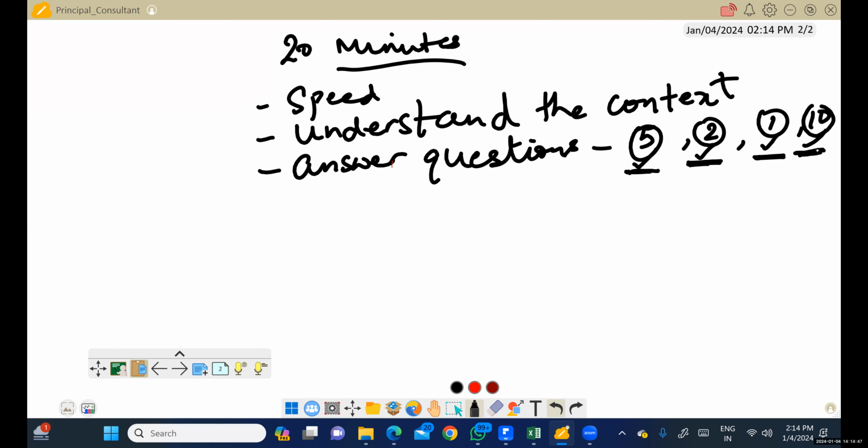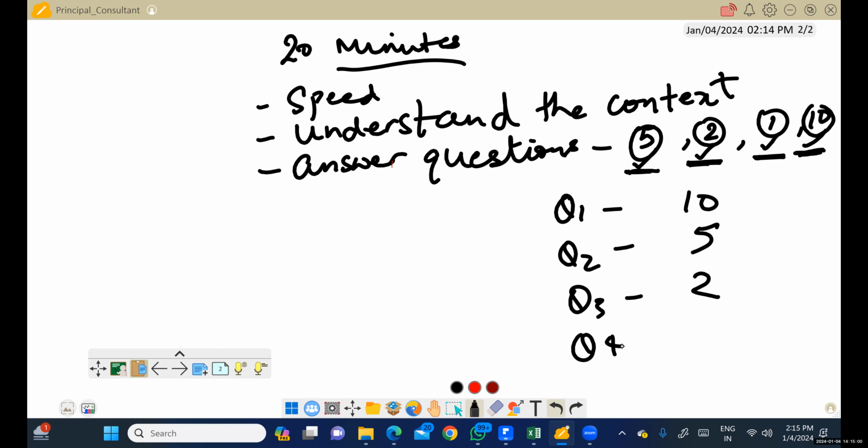Let's say you are going for an examination in any subject, and question 1 has 10 marks. Question 2 has 5 marks. Question 3 has 2 marks. Question 4 has A, B, C, D, with 1, 1, 1, 1. So what do these marks indicate?